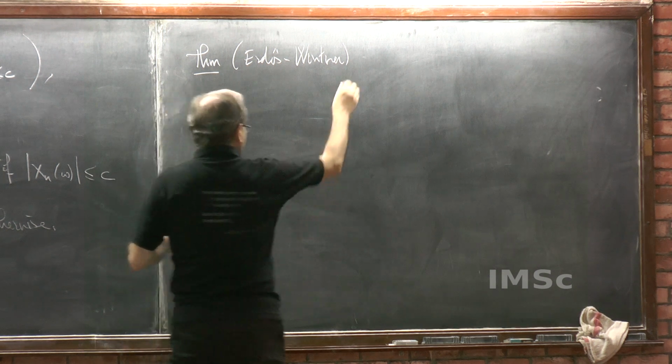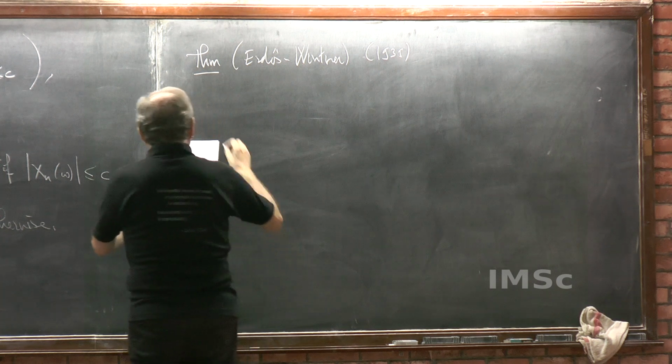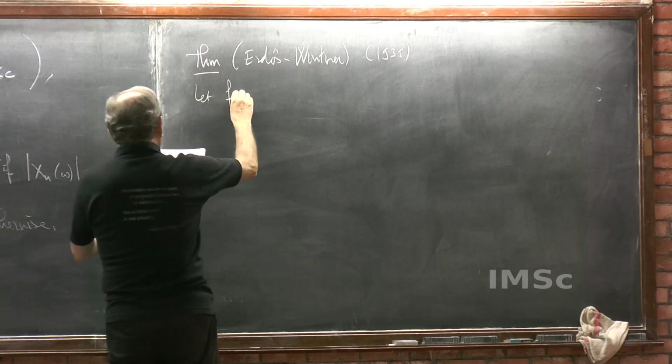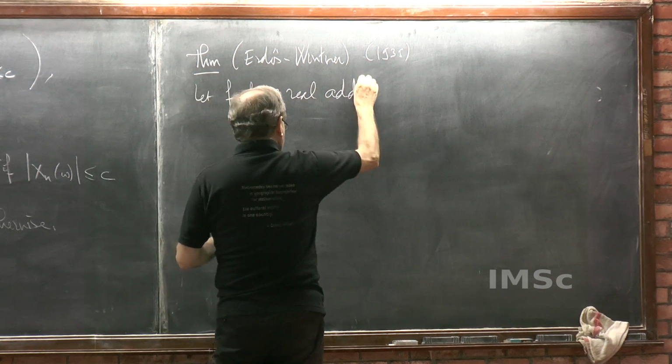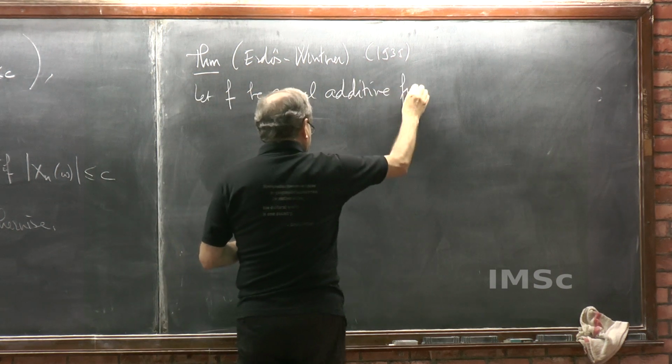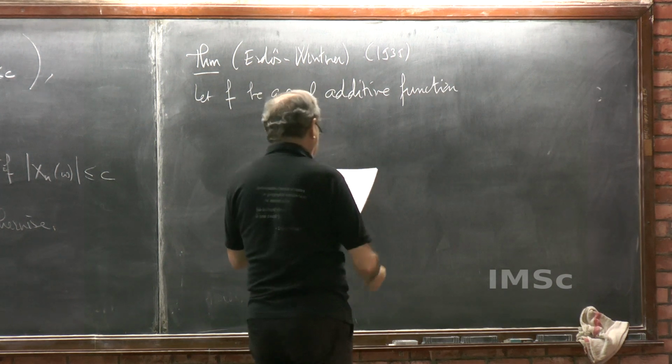Okay, so this is 1939. It tells you the following. Let f be a real additive function.